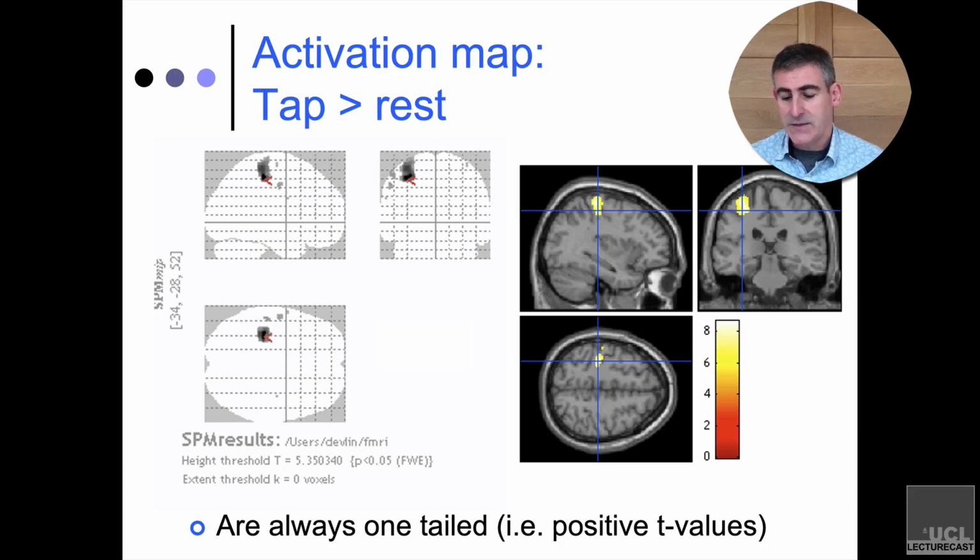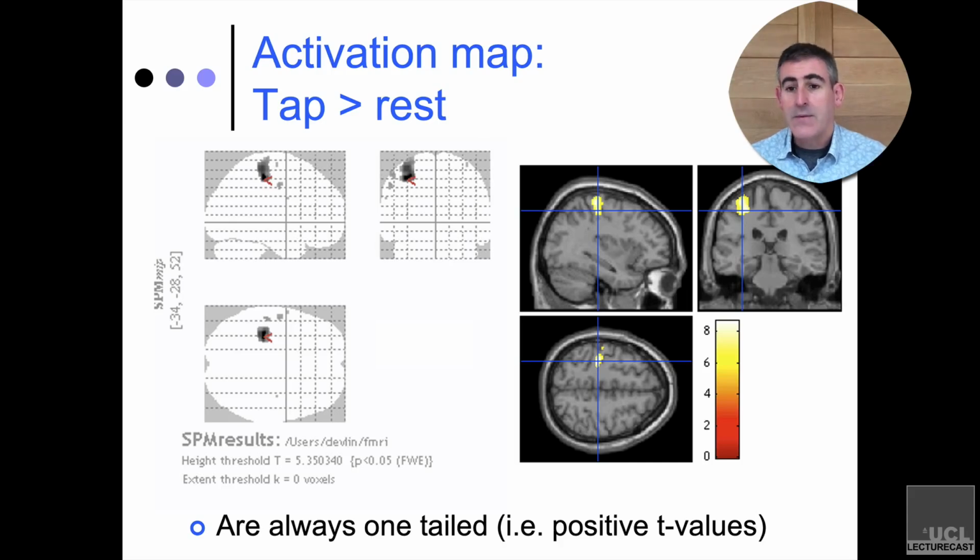And for instance, you can possibly see that those crosshairs are directly behind the central sulcus, which means they're on the precentral gyrus, which is the site of primary and secondary motor cortices, right? So this is the subject's hand area related to their finger tapping.